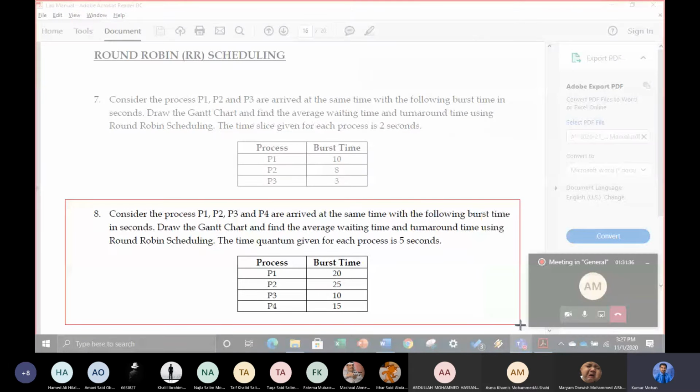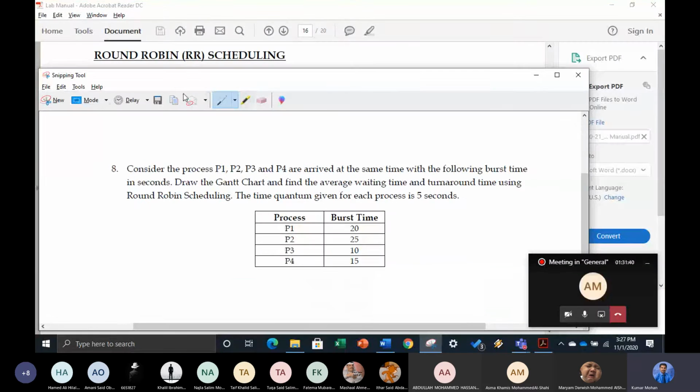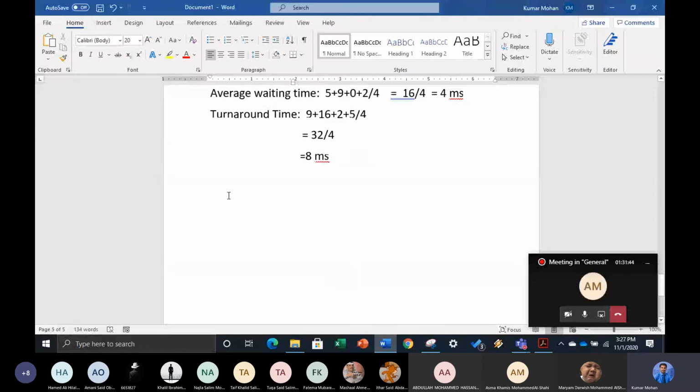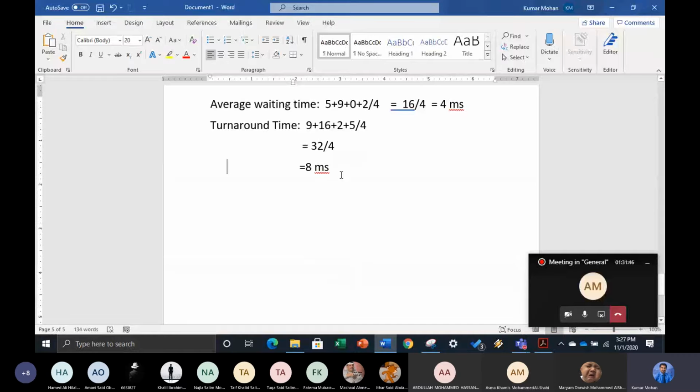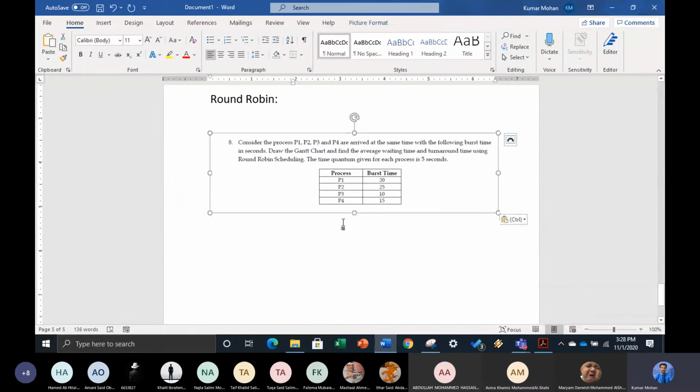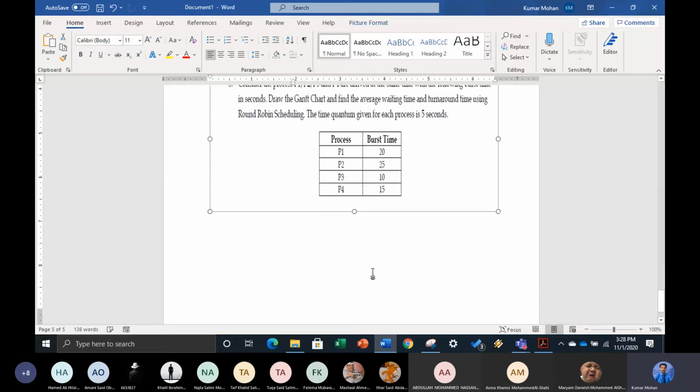I'll do this because the first one is already completed.